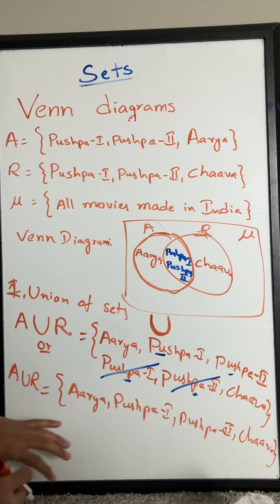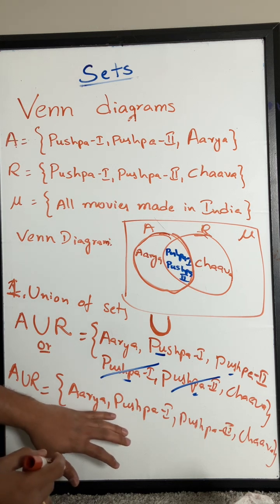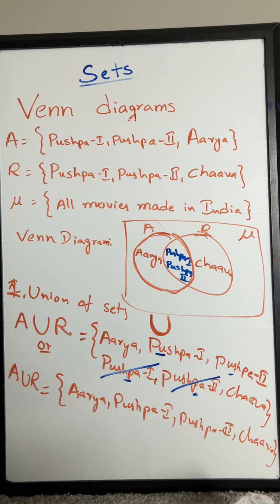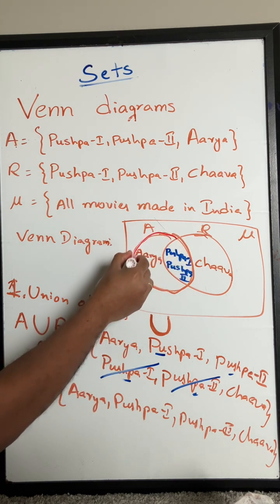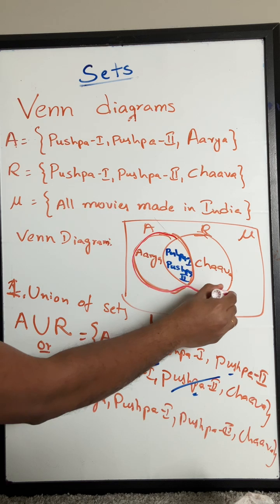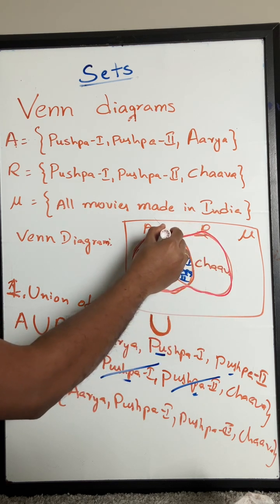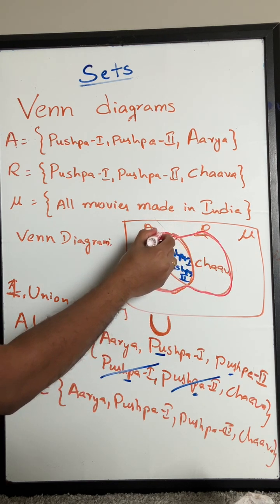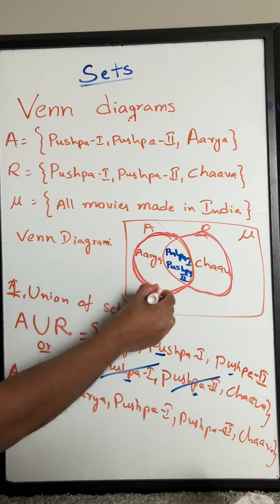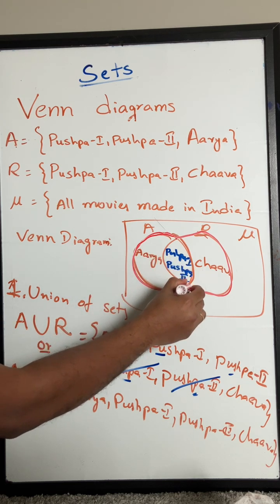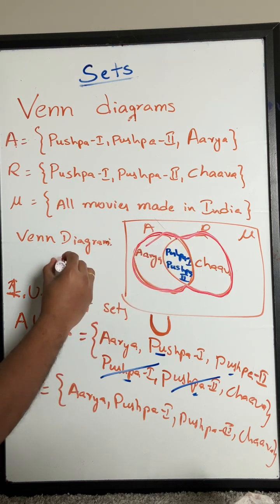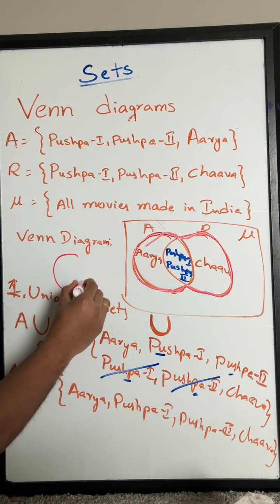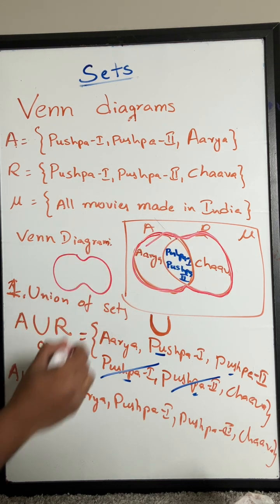If you observe the Venn diagram, what exactly is this A union R? Just look at this part, only the red border. I'm not going inside it, I'm just considering this area, like an apple.